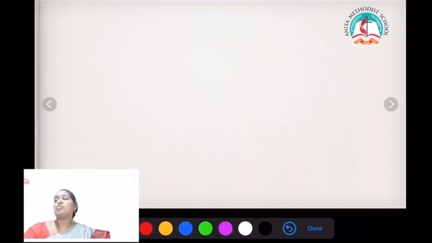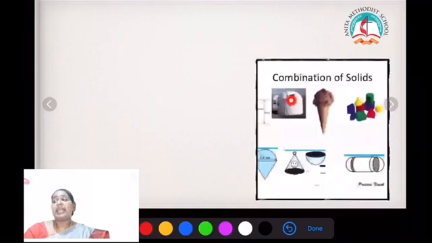Now see this also. We have combinations of solids like cylinder plus hemisphere, cone plus hemisphere. Here also cone plus hemisphere. Here cylinder plus two hemispheres. So how do you calculate?